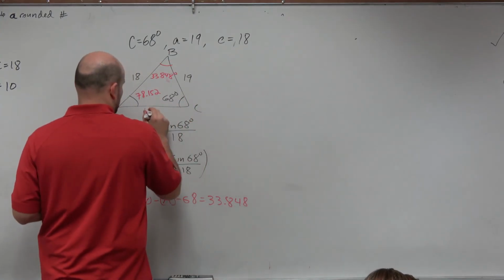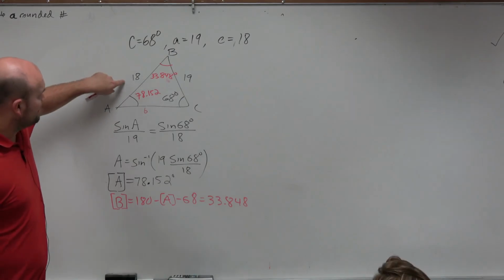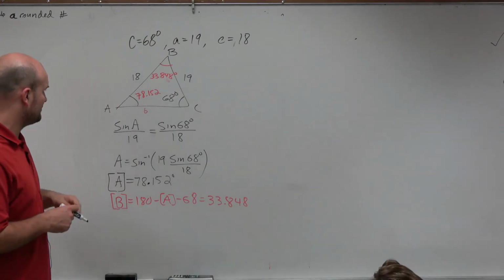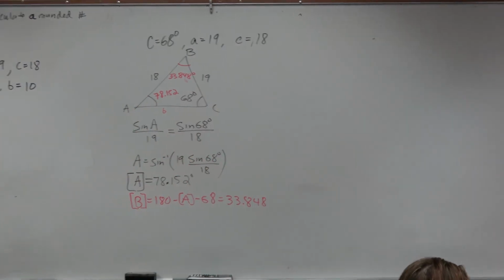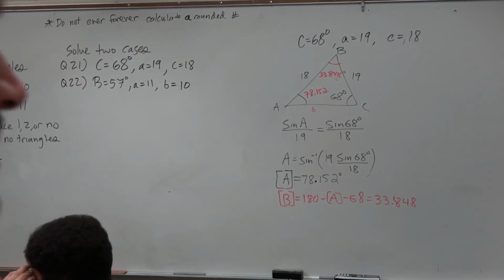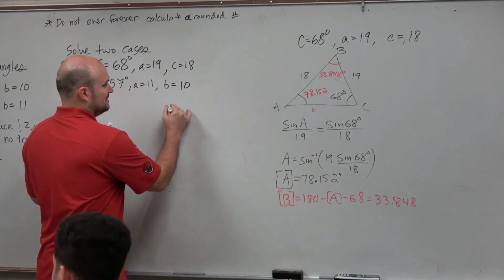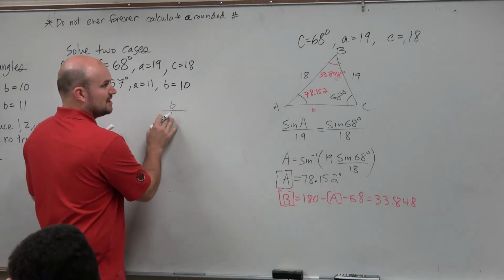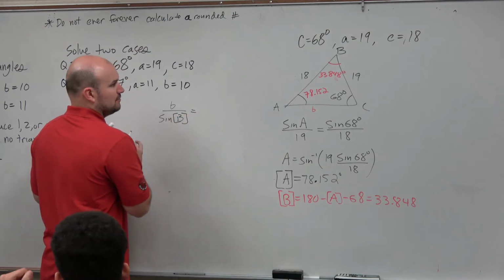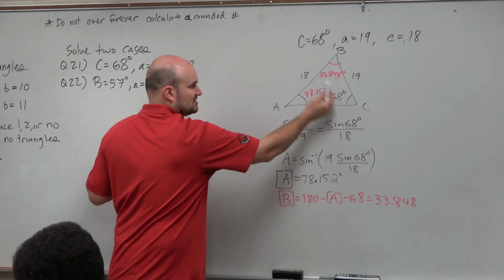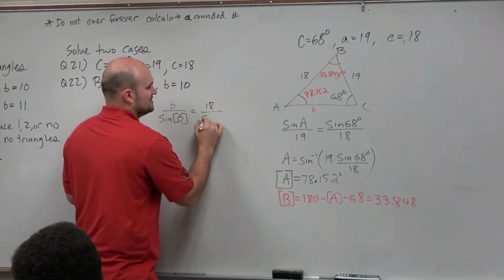So if we're going to finish this, we got to go ahead and solve for little b. So therefore, I can use a law of sines again. And now I'm going to solve for b, but I'm going to want to make sure b is in the numerator, because that's what I'm solving for, over sine of b, which is stored in my calculator, equals, now again, we could use a over a or c over c, but since c was given to us, that's what I'm going to use.